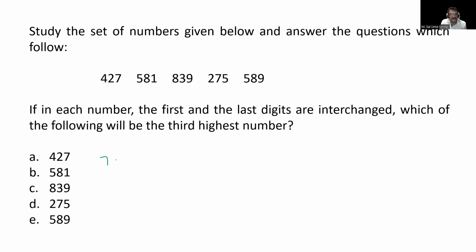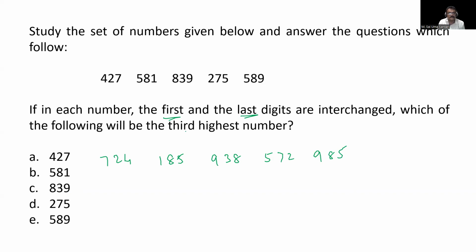The first number becomes 724. Why? Because here the first and last digits, that means the first and third digits, are interchanged. And this is equal to 185. And this is equal to 938. And this one becomes 572. And this becomes 985.